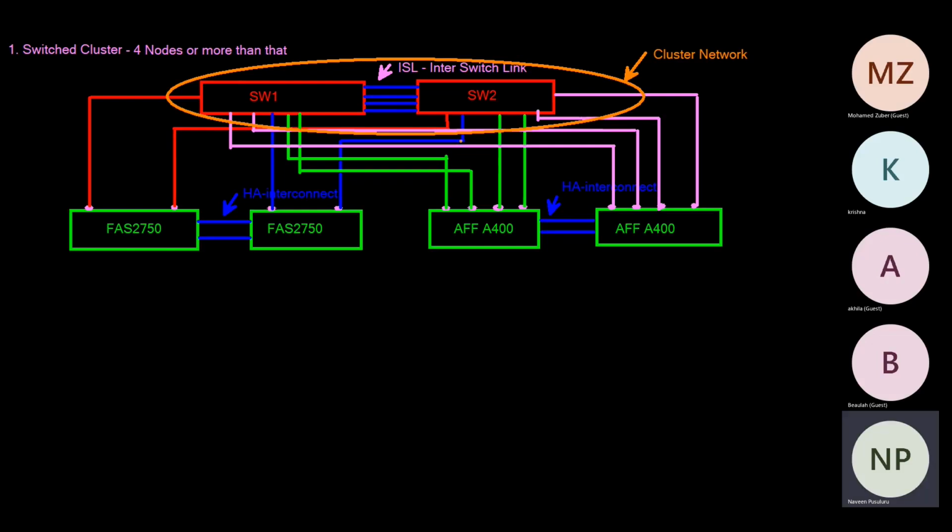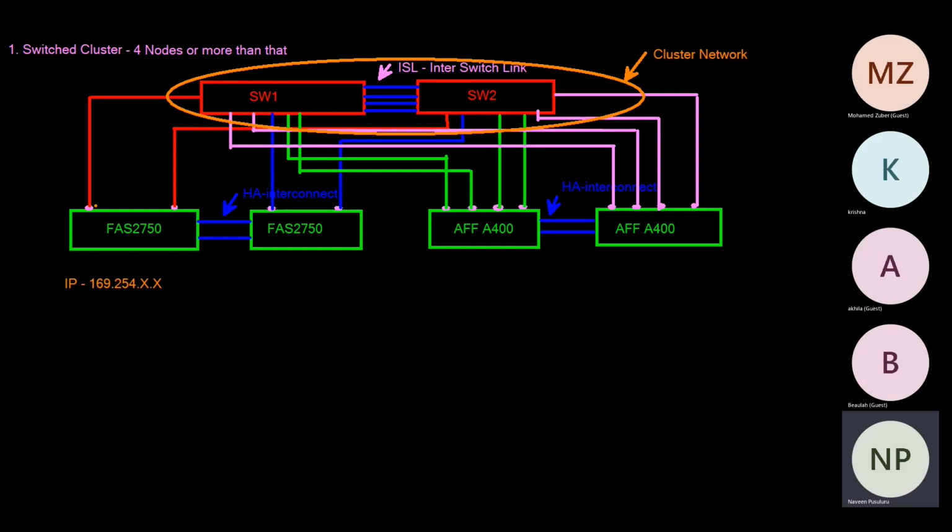Is it clear? This is what we call a switched cluster. Once we do the cabling, these pre-configured 10 GB ports will be assigned an IP address in the range of 169.254.x.x.